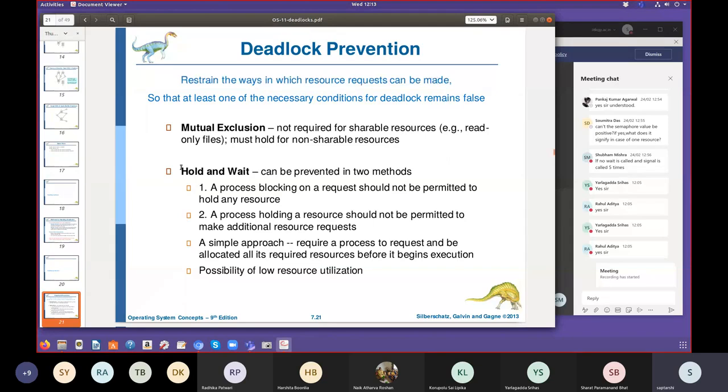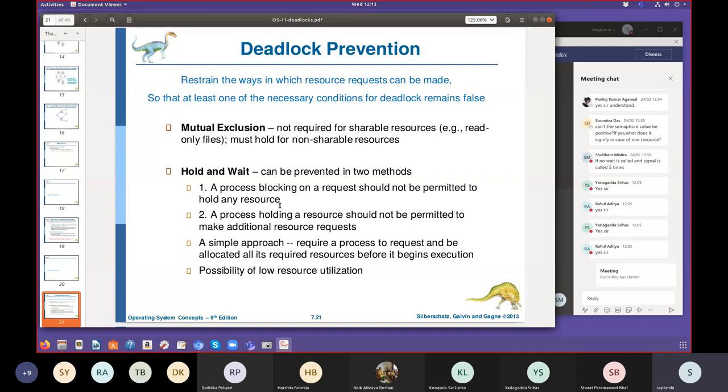Next is hold and wait. Remember, this is what we want to prevent. So how? There are 2 very intuitive methods. Say a process blocking on a request should not be permitted to hold any resource. Some of you had mentioned this point in the last class: suppose the process is holding some resource R1.